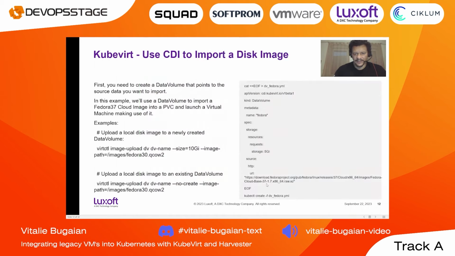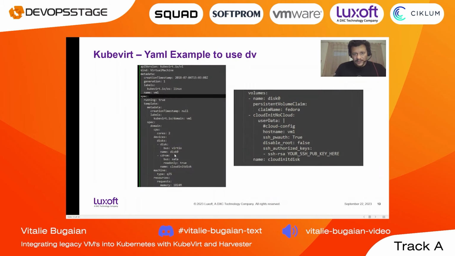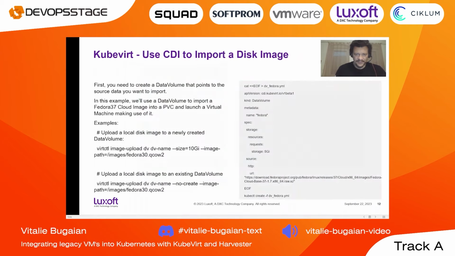As a source you can also use an S3 bucket, or a registry like Docker, and you can also create a data volume from a local image using the virtctl tool. So that's how you create a Fedora virtual machine using that specific Fedora image.